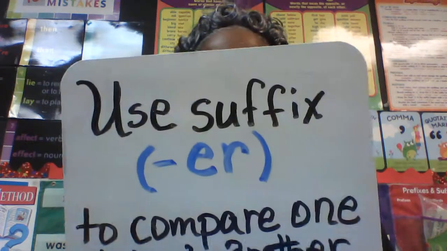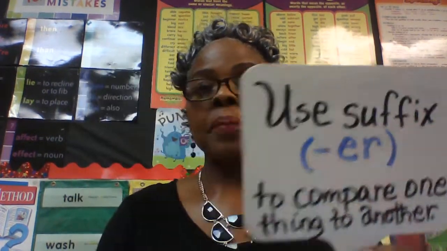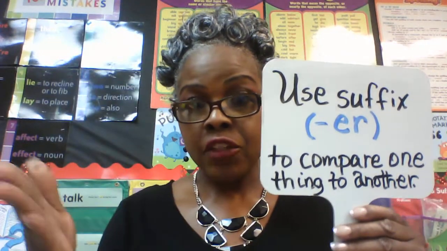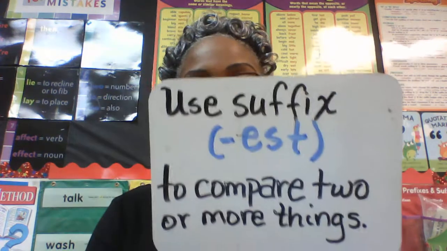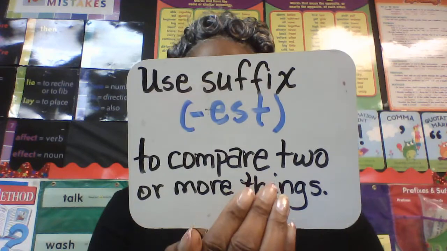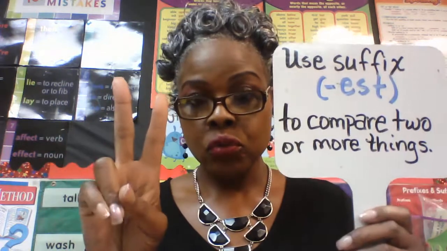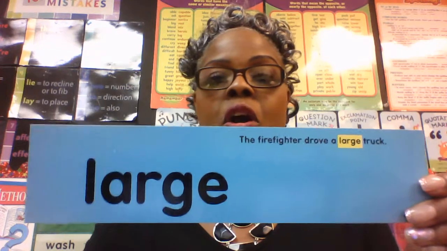Awesome. Good job. So remember, use suffix er to compare one thing to another, to compare one object noun to another. Now we're going to use suffix est. We're going to compare two or more things. Are you ready? All right, here we go. Large. L-A-R-G-E.